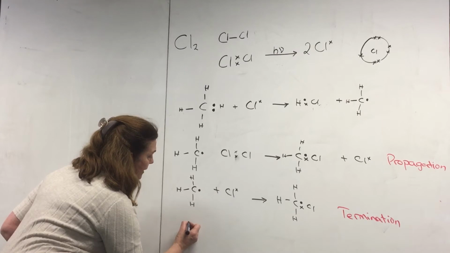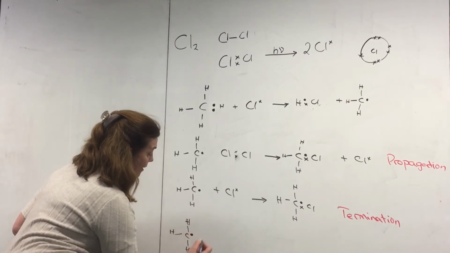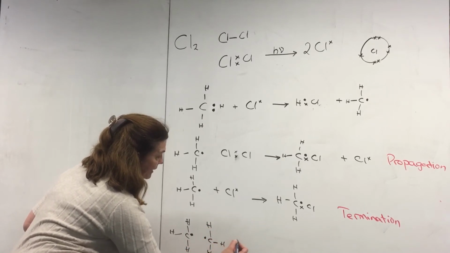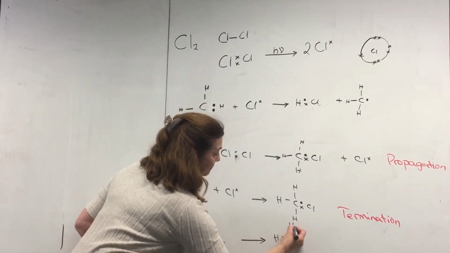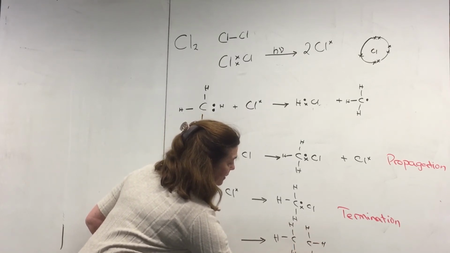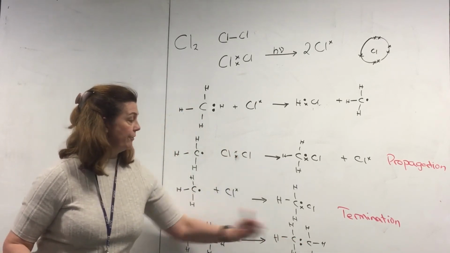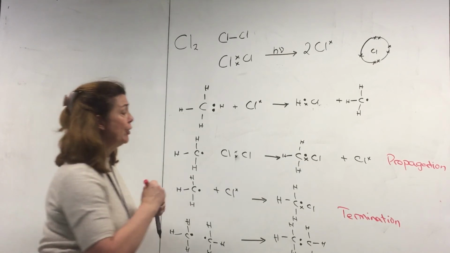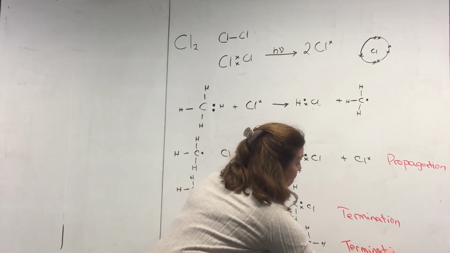So if we look at this, we can have a methyl radical react with a methyl radical, and that's going to give us an ethane. And I'm just representing that single bond there by the electron pair. So again, this is a termination step, but it's the evidence that we have gone via a radical approach.